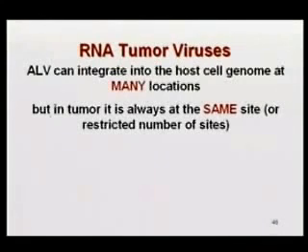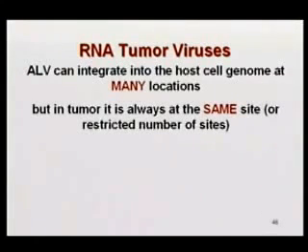Well, the clue to that came from the studies of where this virus, avian leukosis virus, integrates into the host genome. Now, retroviruses can integrate into your genome, into my genome, into a chicken's genome, all over the place. They don't really care where they integrate. They just want to get in there so they can duplicate their DNA and make more RNA.